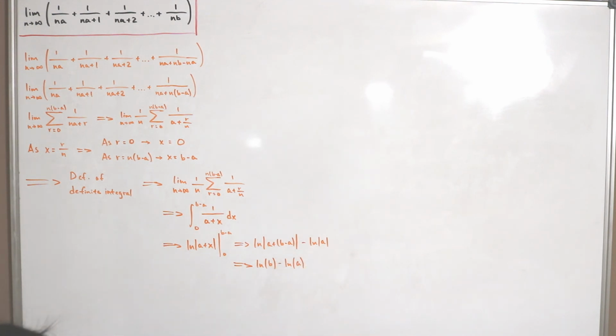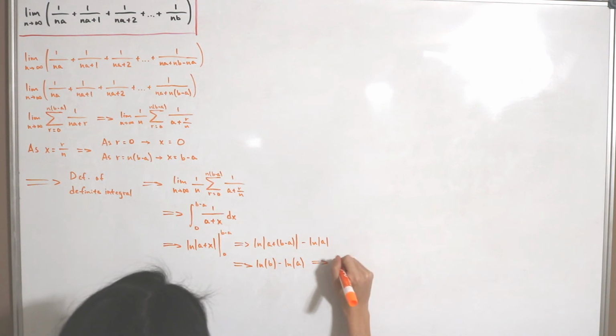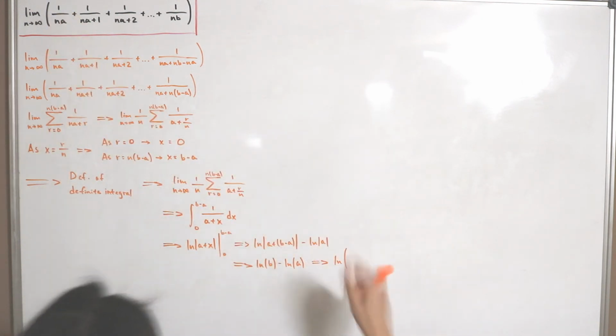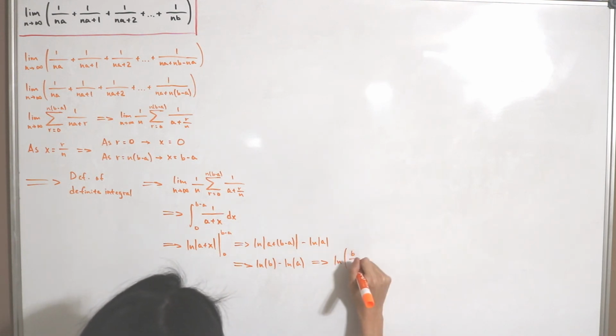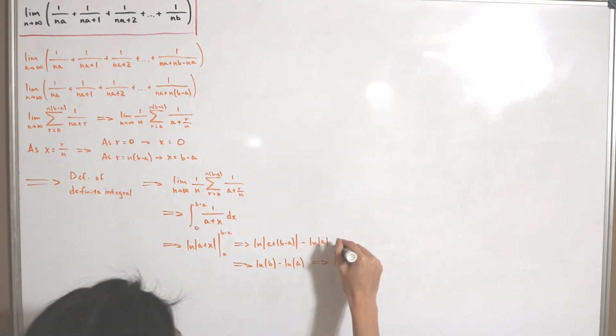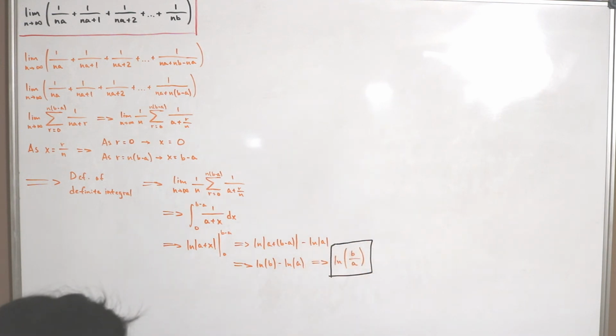Now we're pretty much done. Using the rules of natural logs, we can combine this into one natural log, so our limit of the partial sum is equal to ln of b divided by a, like so. This box right here. That's pretty cool if you ask me.